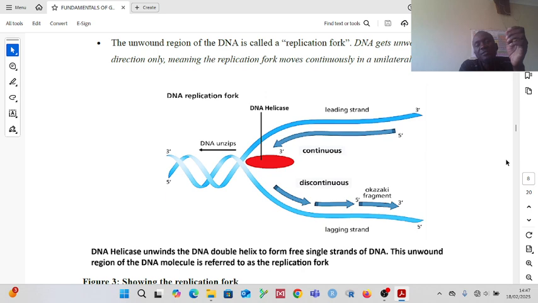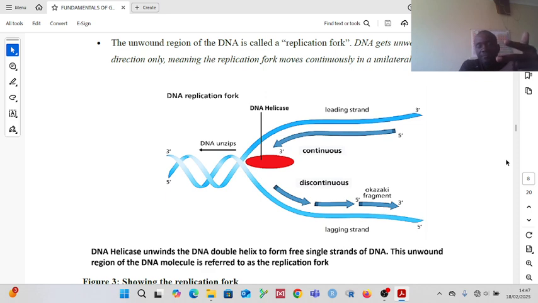How does that replication fork get created? By opening up, by cutting the hydrogen bonds. Which enzyme does that? The DNA helicase. It cuts the hydrogen bonds from one end towards the other end, but it does so slowly, not all at once.